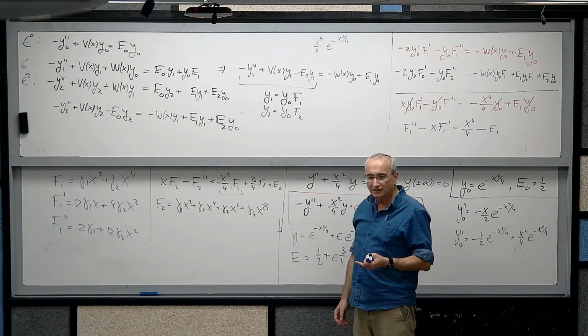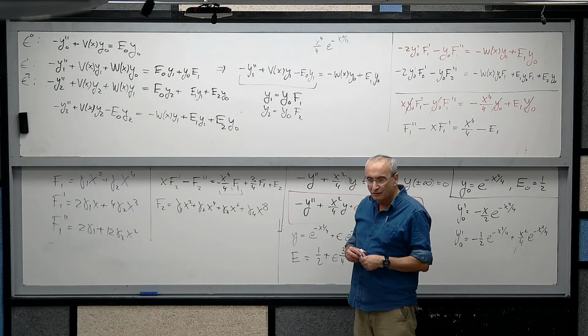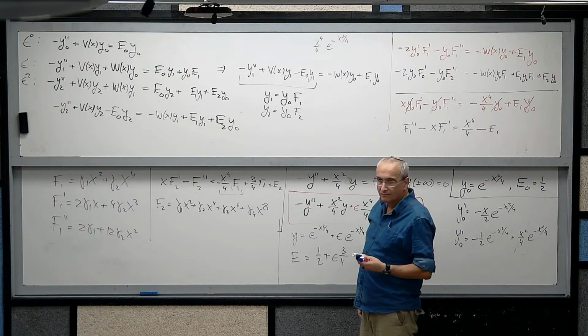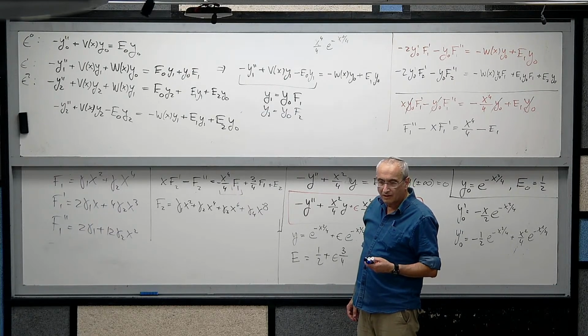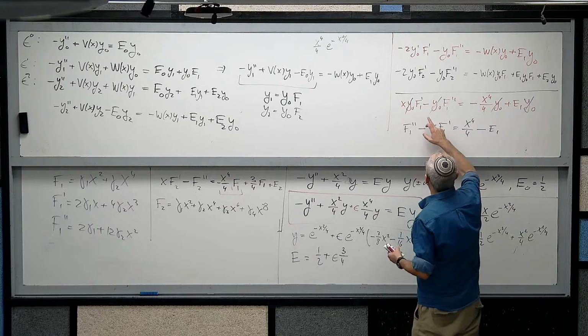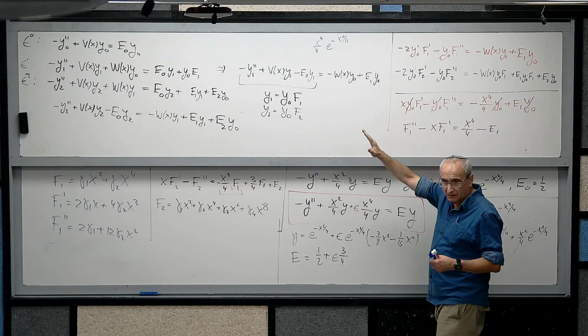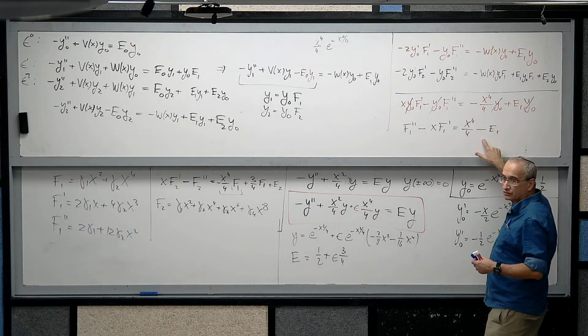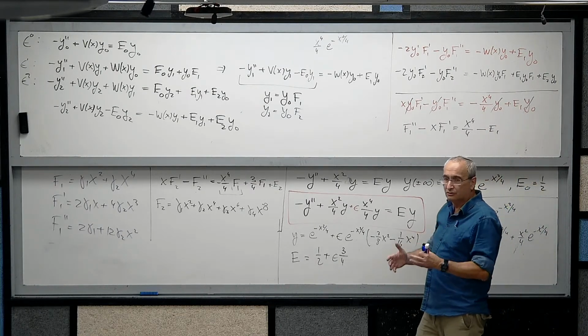This is the first order correction. The first order in what? It's not y1 exactly. It's an approximation of y1, because you neglected the other solution of the homogeneous equation. Yes, but now we have a first order equation, and F1 is the only solution of this equation.